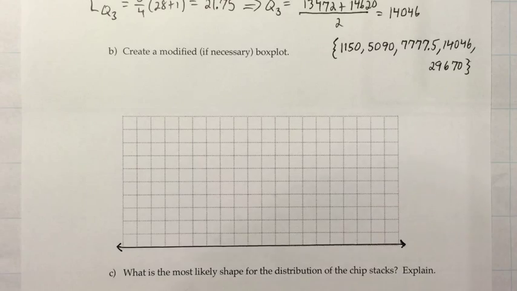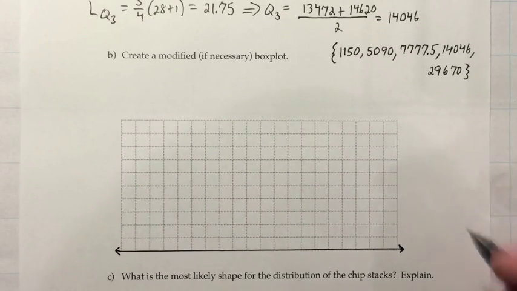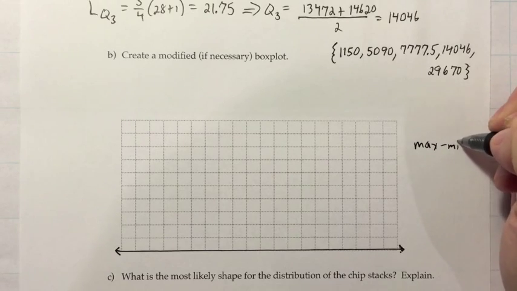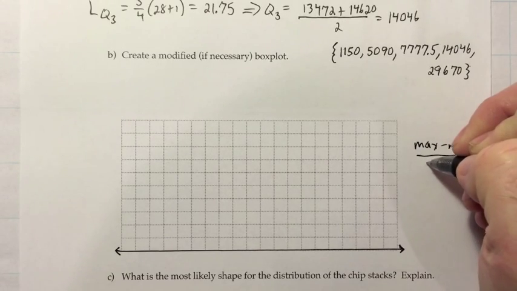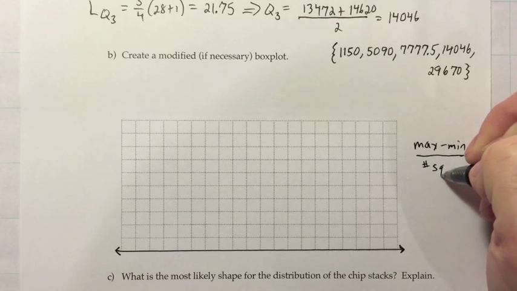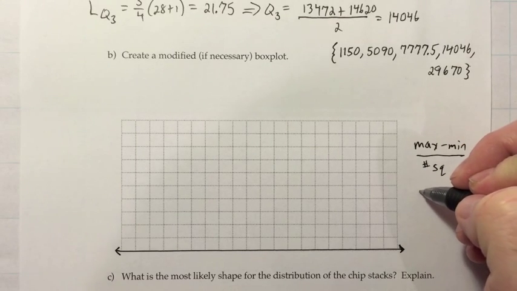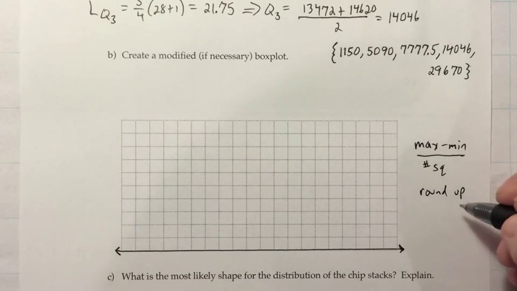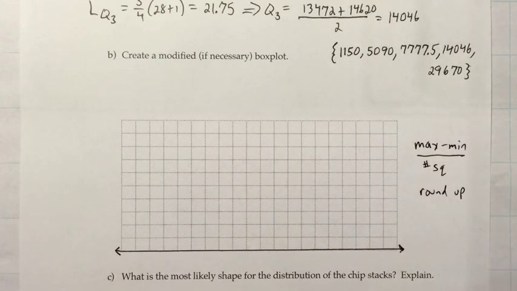One of the tricks that I like to use for scale is to take the max minus the min and divide that by the number of squares that I have, and then round that up to something nice. So let's look at what that calculation would be here.